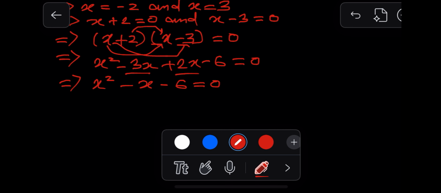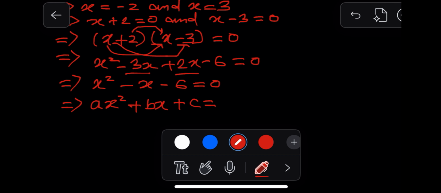So here we can find this equation, which is the quadratic equation x square minus x minus 6 is equal to 0. Let it be compared with ax square plus bx plus c is equal to 0. This is a quadratic equation.